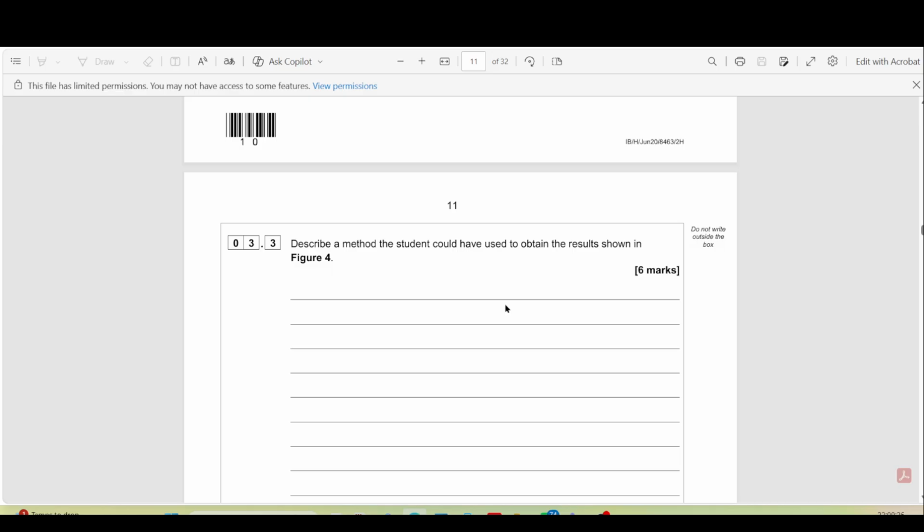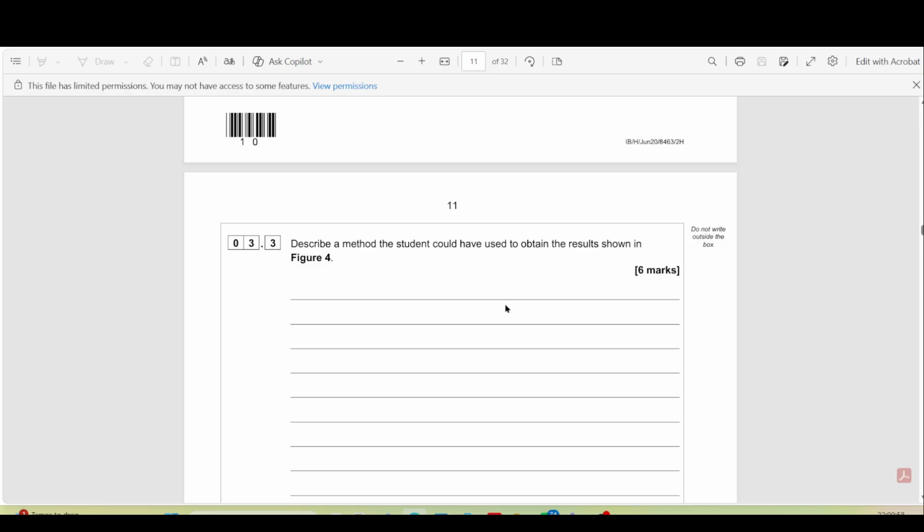Then remove the glass block and connect the points. Then you can measure the angle of incidence and the angle of refraction using a protractor.